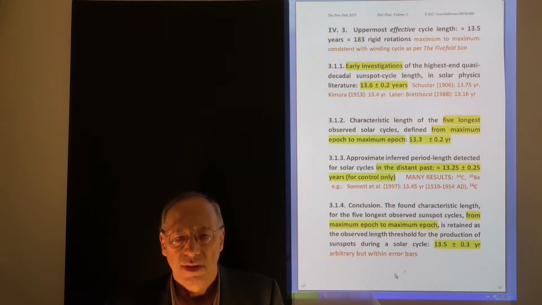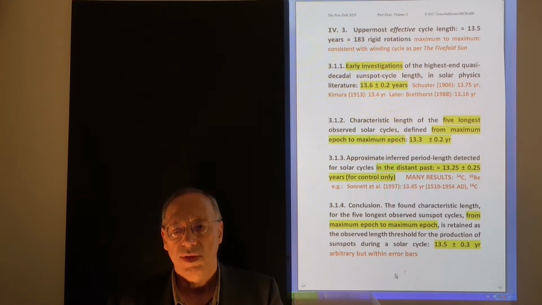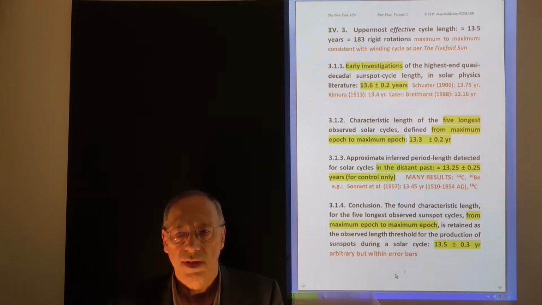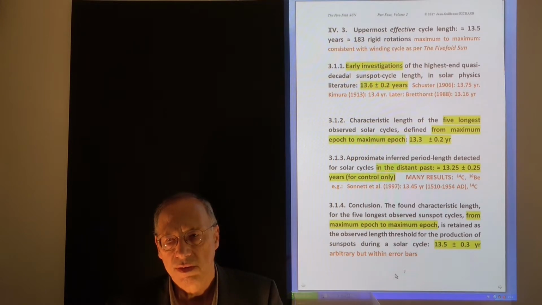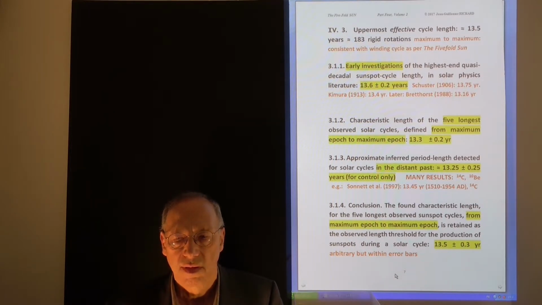What is found in The Fivefold Sun as a book is that there are indications in the radiocarbon record and in the beryllium record that there are solar cycles of about 13.25 years length that have existed in the distant past. These were also found in some harmonic analysis of the sunspot record itself, especially in the early years.